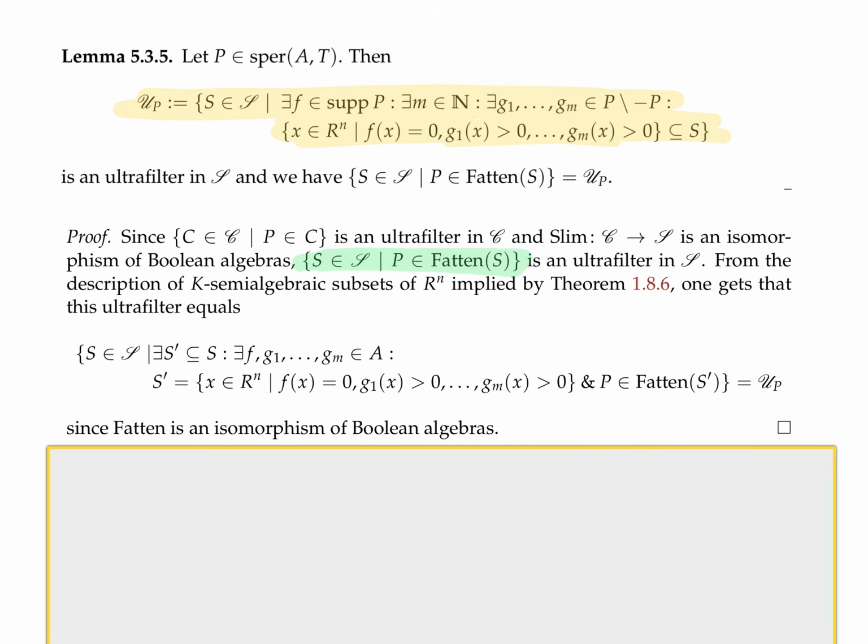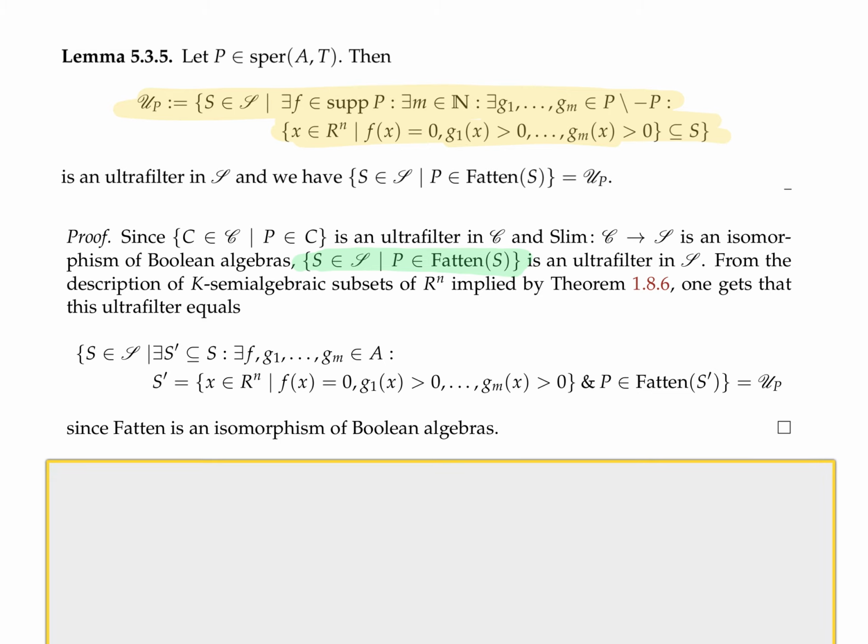But when I'm done, because what does it mean that P is in the fattening of S prime? Well, it means exactly that f hat of P is 0. That means f is in the support of P. It means that g_i hat of P is bigger than 0, and g_i hat of P bigger than 0 means that g_i is in P_i without minus P_i.